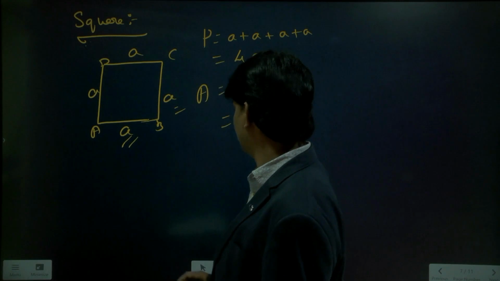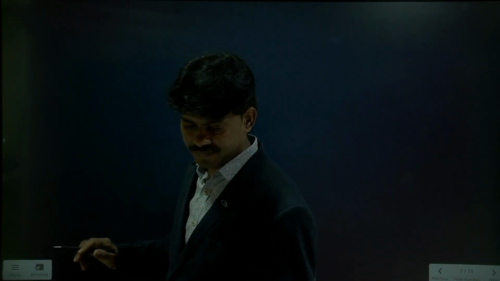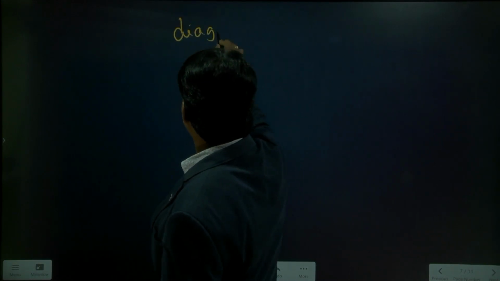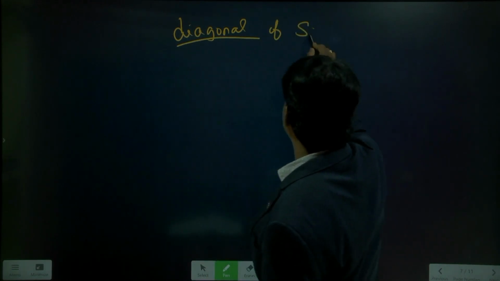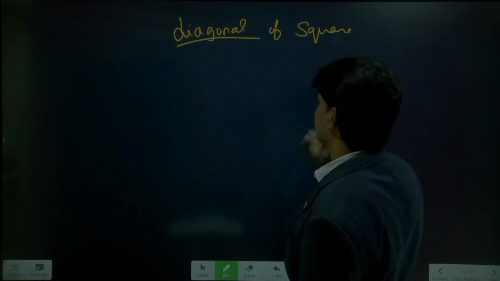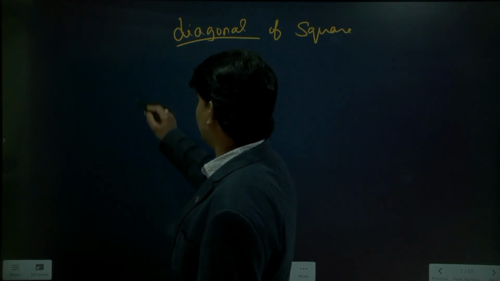First, I will define the diagonal of square and rectangle. In general, we don't define this, but in competitive exams, it's required.